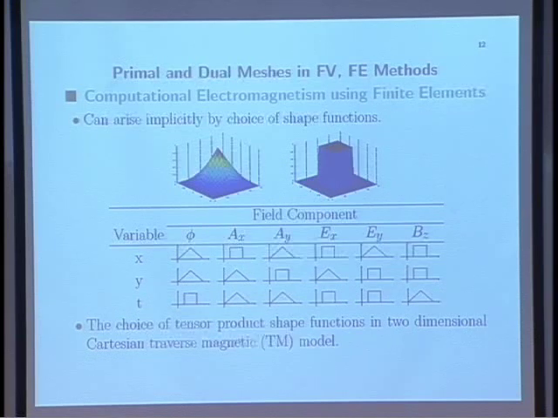And as it turns out, the choice of shape functions implicitly introduces a dual complex to this object. Things which are in the primal mesh are given in terms of these hat maps, and things which really should be on a dual complex but are not, then take the form of these characteristic functions. And there are certain differential relationships which map from one to the other.